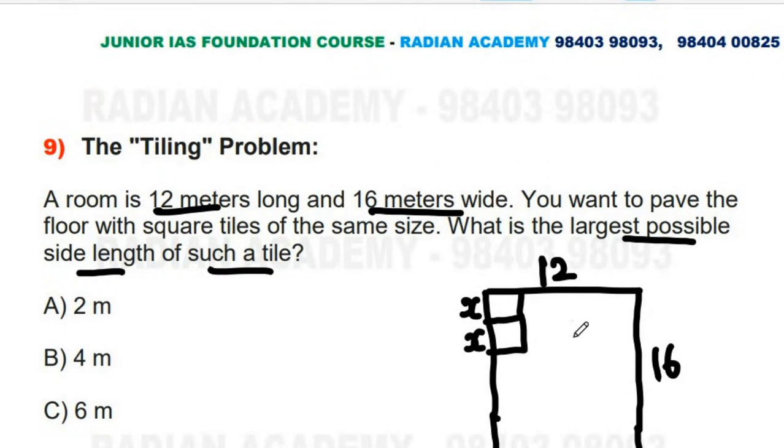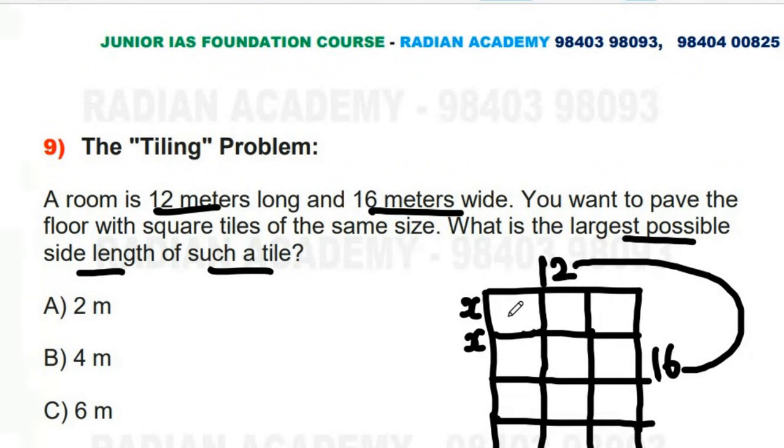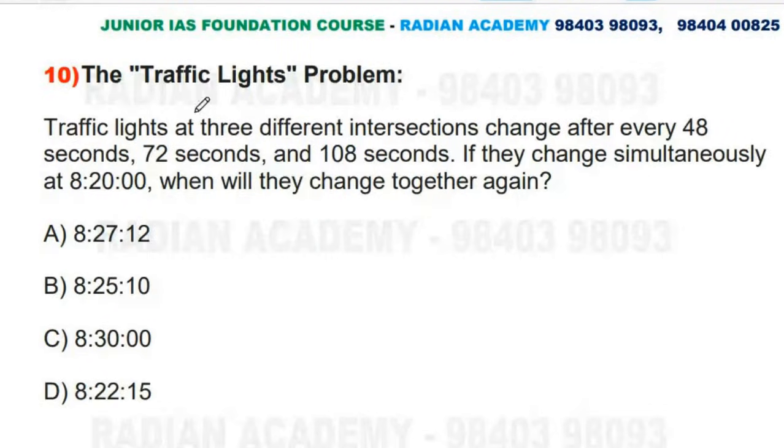That x is nothing but the greatest common divisor of 12 and 16. So x is the HCF of 12 and 16. What is the HCF of 12 and 16? Everyone typed correctly. 4. Correct.